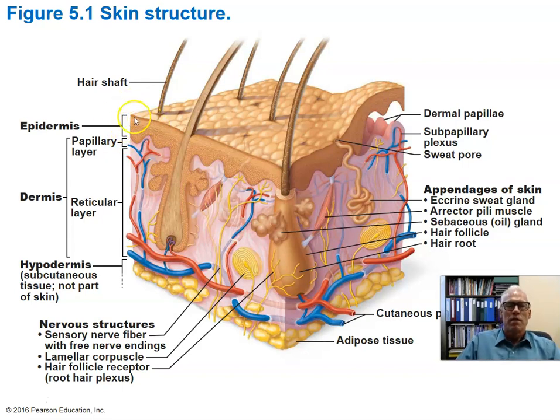The epidermis, the keratinized stratified squamous epithelium, is in kind of orangish tan here on the surface. And you can see it forms a wavy boundary with the papillary dermis that underlies it. We know that all epithelia have areolar connective tissue under them, and that's exactly what the papillary dermis is.